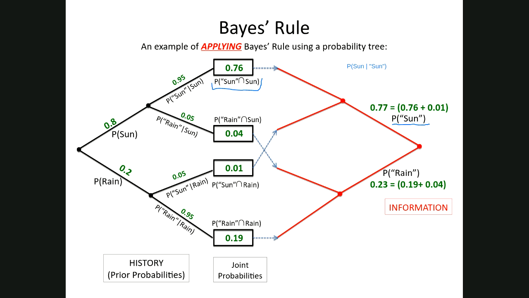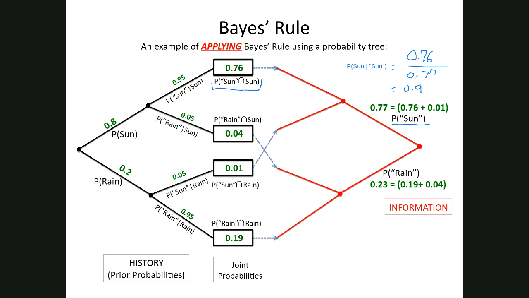And so to calculate this, it's going to turn out to be 0.76 divided by 0.77. And so this turns out to be 0.99.